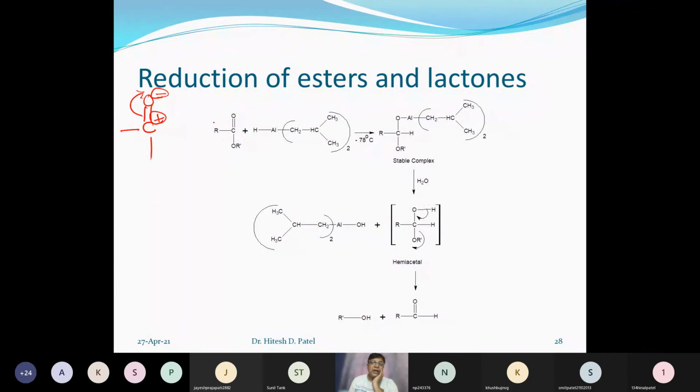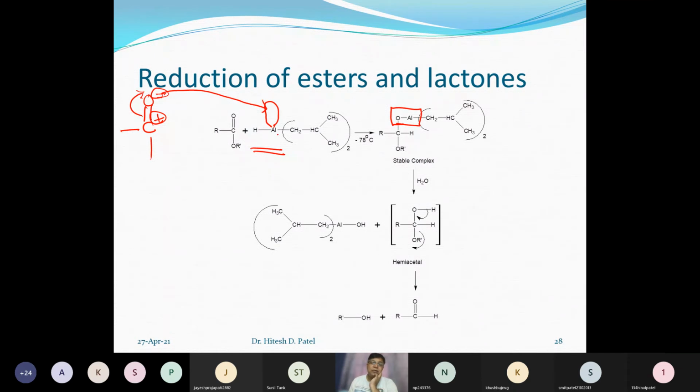Now what characteristic of Dibal H have we discussed? In Dibal H, the aluminum has one vacant orbital, and oxygen has a lone pair of electrons, and that's why the interaction between oxygen and aluminum will take place, and first of all the O-Al bond will form.